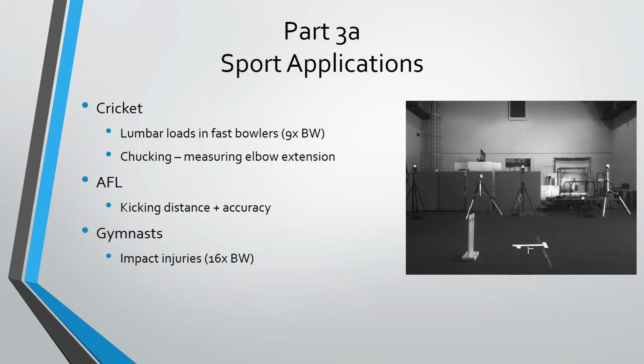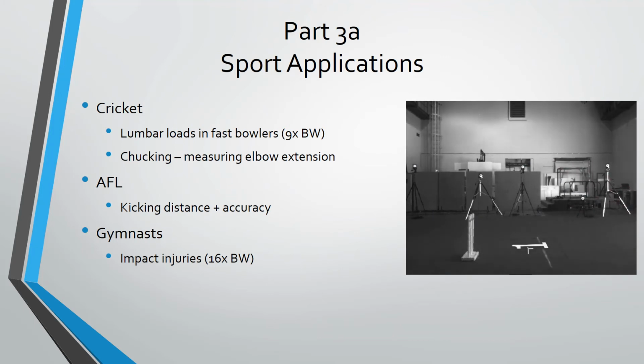Other sporting-based applications and areas of research are as varied as the sports themselves. For example, in cricket, one area of research is looking at lumbar loading in fast bowlers. Now, fast bowlers can experience up to 9 times body weight of force going through their front leg when they land, and this has led to a huge issue with stress fractures in young and developing bowlers.